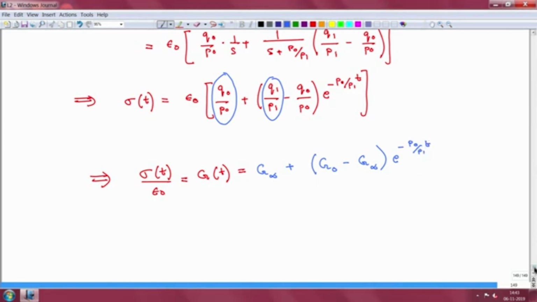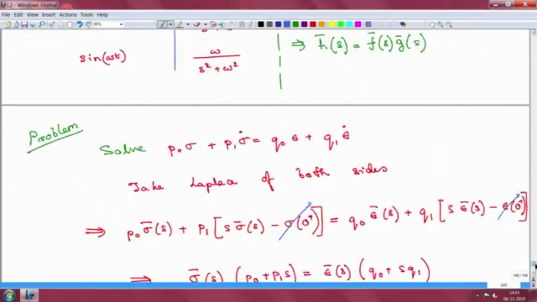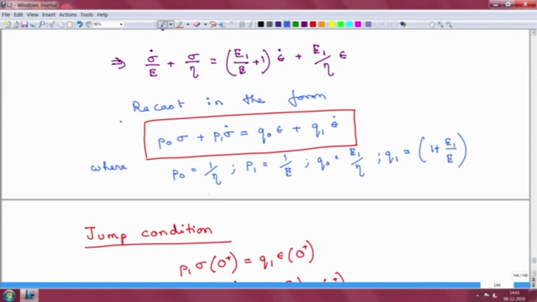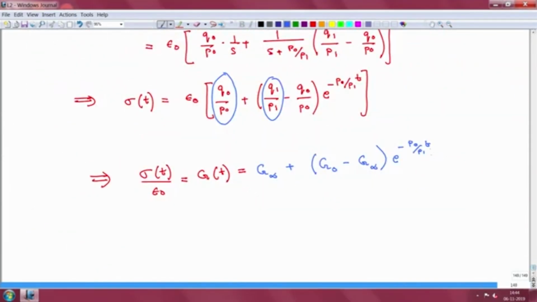What is P0 by P1? Let us quickly go back and check. P0 was 1 by eta and P1 is 1 by E. So, this is back to our lambda, eta by E. So, I can replace this quantity, and say that this is equal to g infinity plus g 0 minus g infinity, e to the power minus t by lambda.